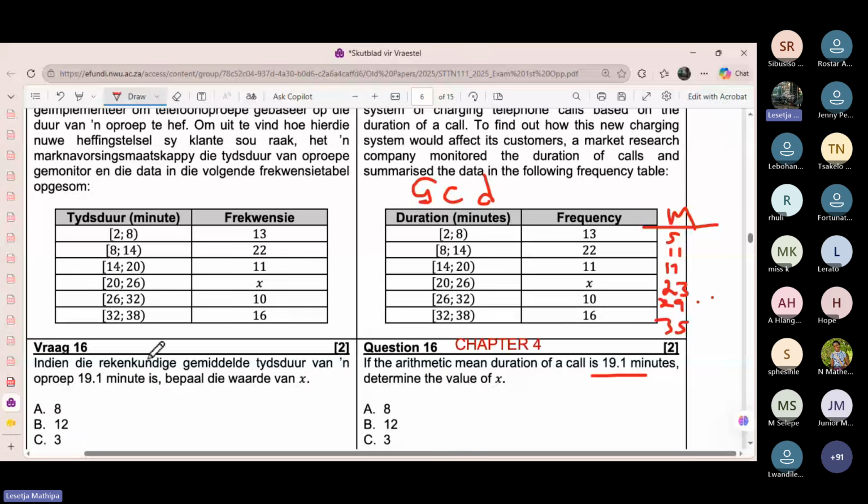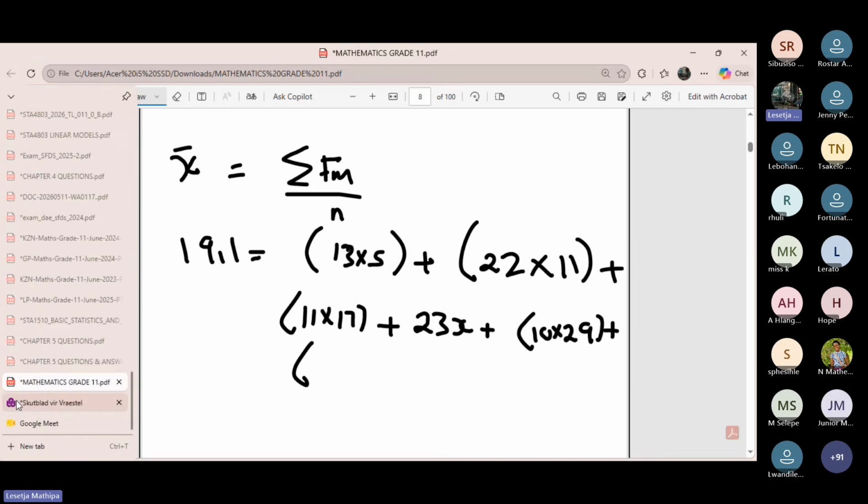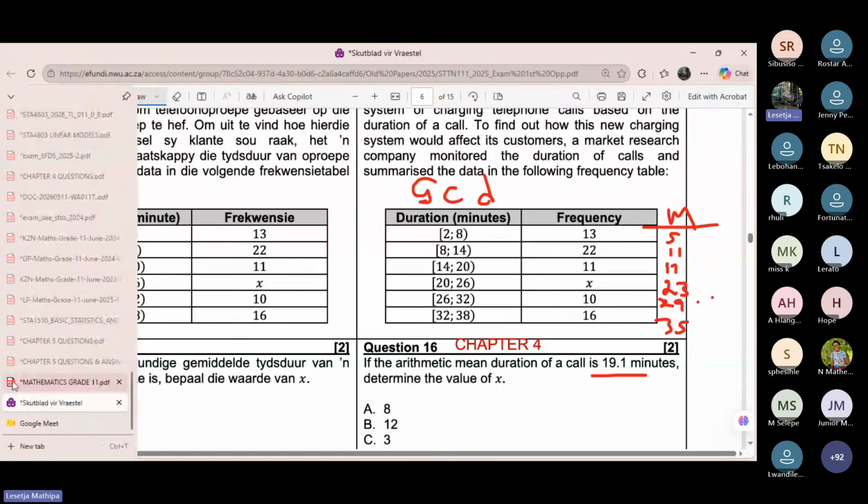Then plus 10 multiplied by 29, then plus the last one, 16 multiplied by 35.